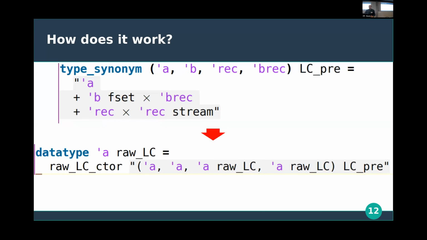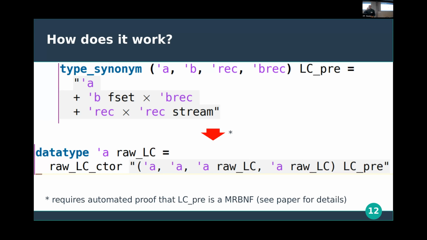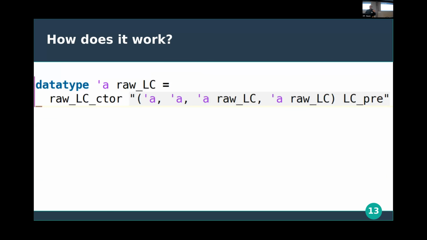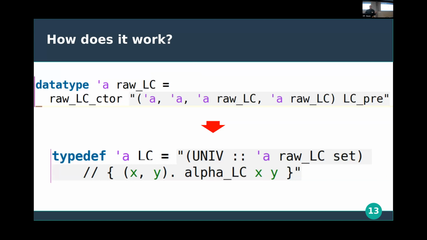Then from this, we can define a normal Isabelle data type. These are name-carrying data types at that point, so there's no binding going on yet. This step requires a proof that this shape indeed is this kind of functor. This is done by a recursive procedure and is fully automated, but see the paper for details on that. So once we have this recursive data type, we can define alpha equivalence and then quotient our raw type, our name-carrying data type, by this notion of alpha equivalence.